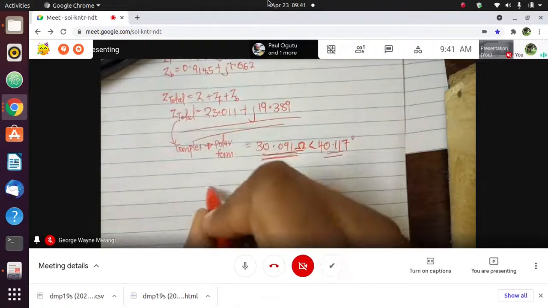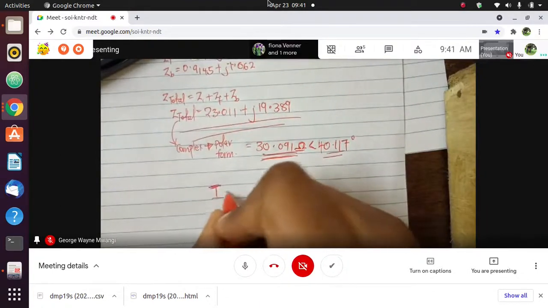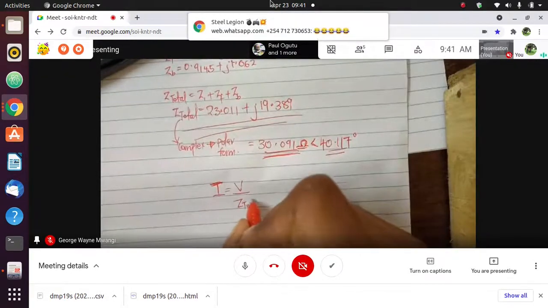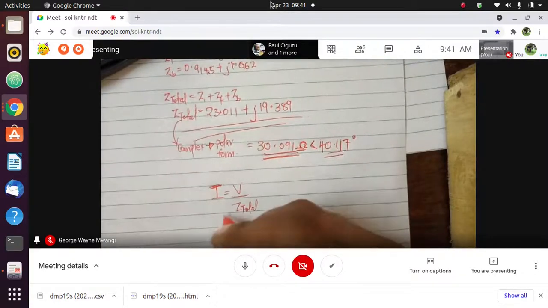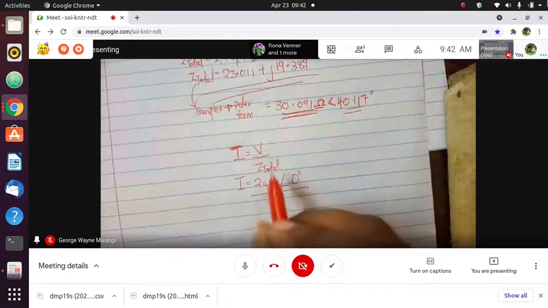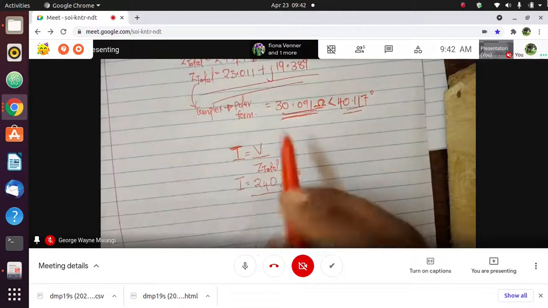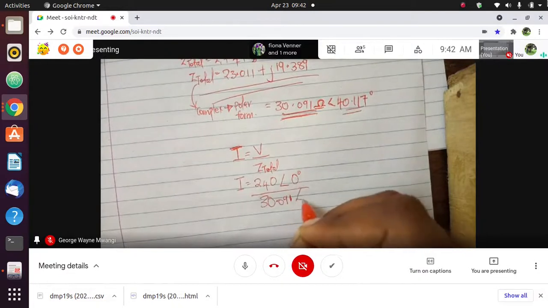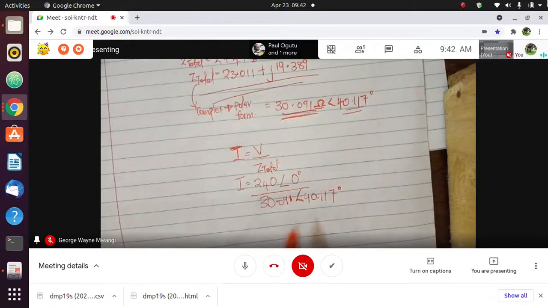Now, stator current will therefore be given by the supply voltage divided by the total impedance. Our supply voltage was 240 volts from the question, supplied at an angle of 0 degrees, and our total impedance is 30.091 ohms at an angle of 40.117 degrees. Are you together? The phase angle is 40.117 degrees.